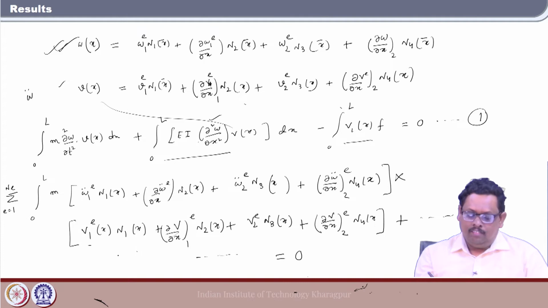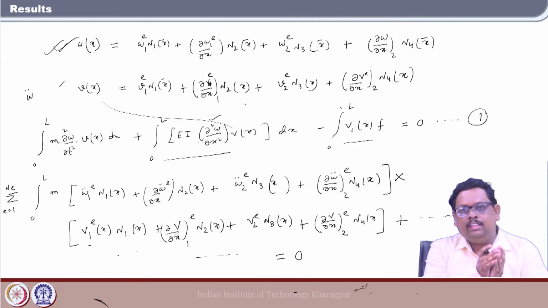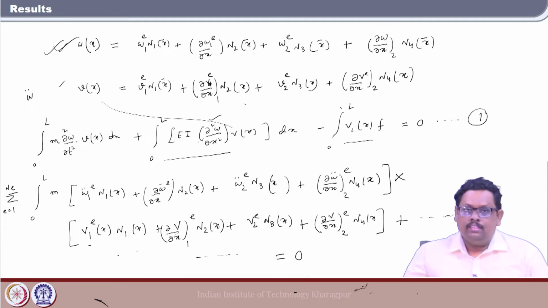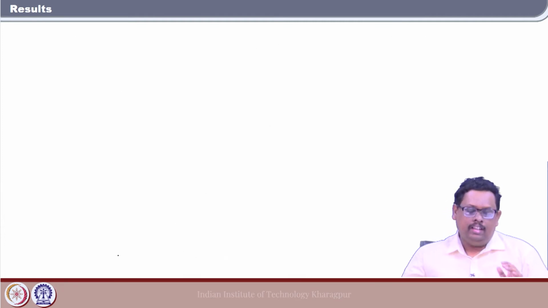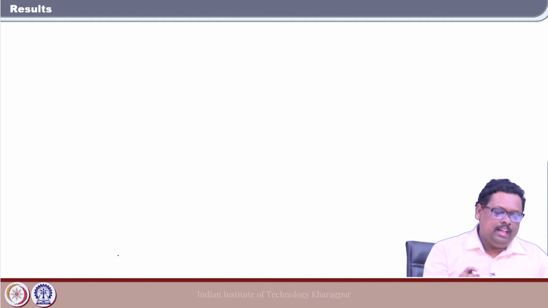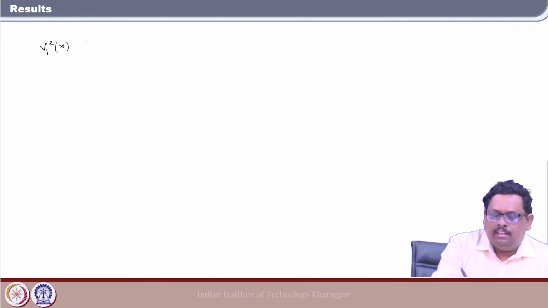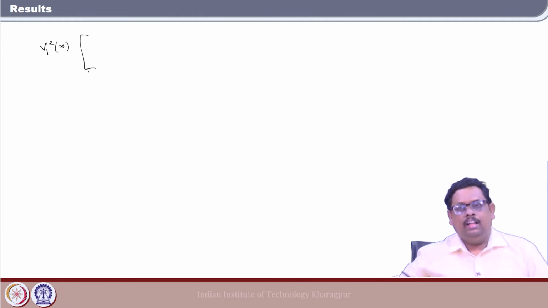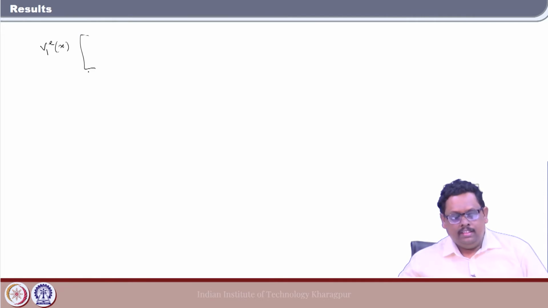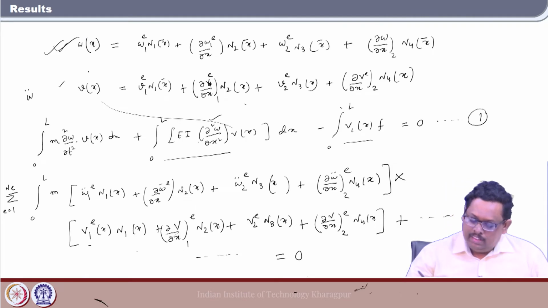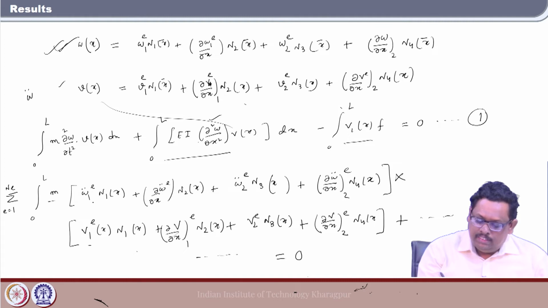Now, I am writing this expression, I am taking that V1 x common. So, if I do that, now my next job is basically I am taking this V1 E x common, and let me write the other stuff. If I take it common here V1 x, this multiply with this element.